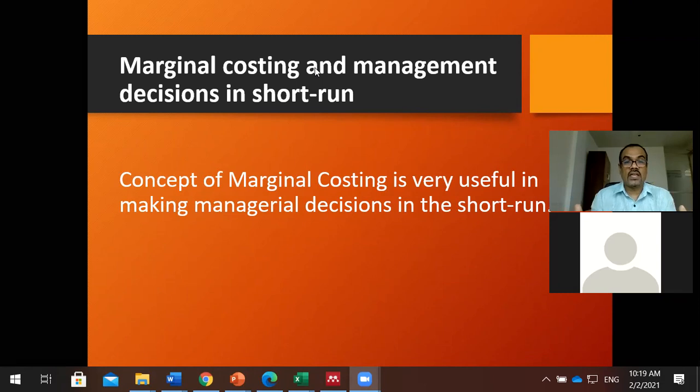But if your operating cycle is more than 1 year, then of course your relevant range is more than 1 year. For example, in the case of aeroplane manufacturing, it takes, assume, 1.5 years or 2 years. Therefore, your relevant range is 2 years.